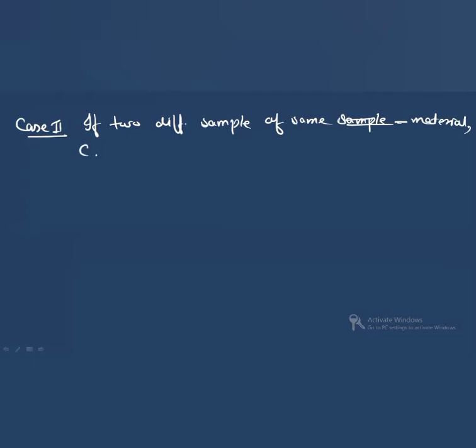That means the specific heat will be the same, C1 equals C2, which equals C. In that case you can write T equals N1 T1 plus N2 T2 divided by N1 plus N2.